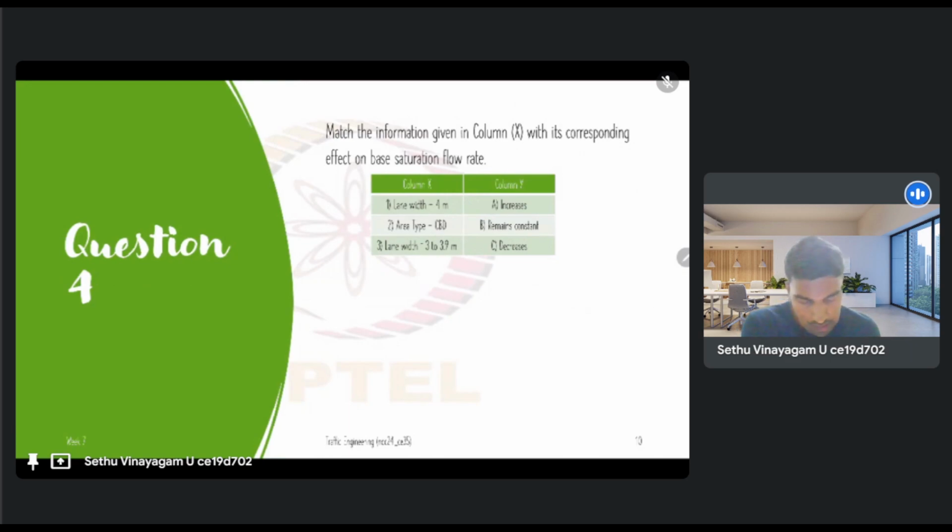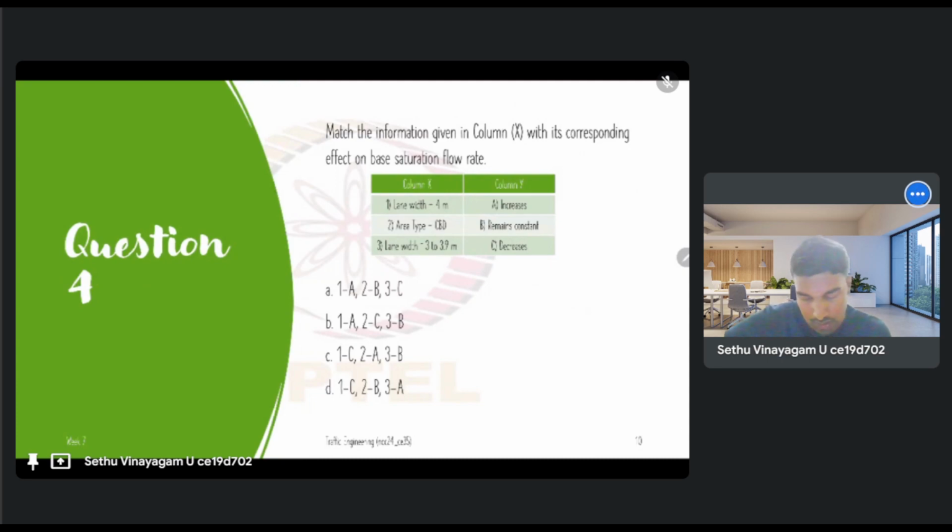And the effects given in column Y: A is increases, B is remains constant, and C is decreases. So these are with respect to the base saturation flow rate. Okay, so we have to say what is the effect of these different changes on the base saturation flow rate.